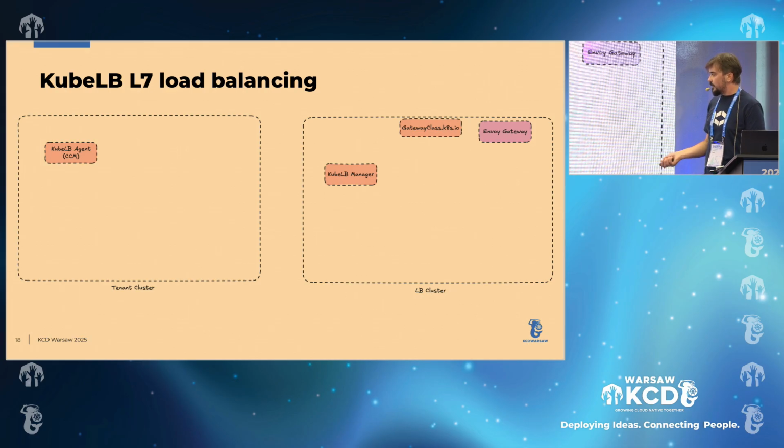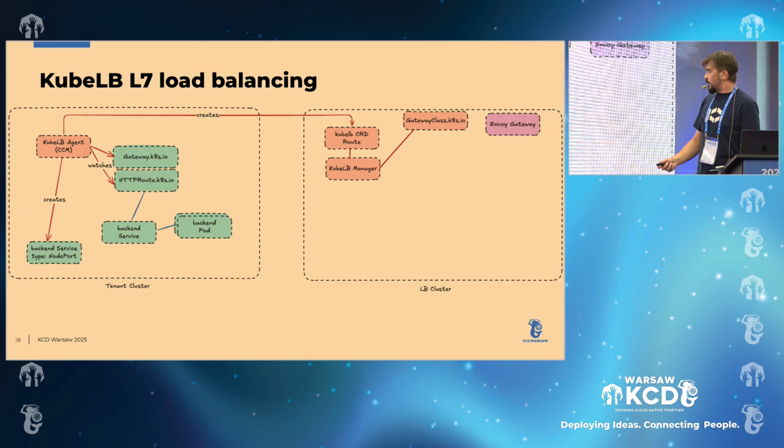And if you want to connect the tenant clusters, you deploy the KubeLB agent. It's called CCM, the Cloud Controller Manager. And then what happens is, let's say on the tenant clusters, you just deploy your backend application. You have backend pods, you have a backend service, and you decided to expose it via the gateway and HTTP route.